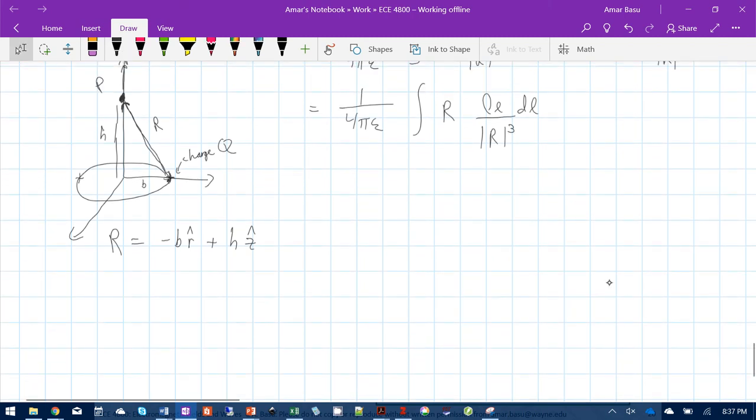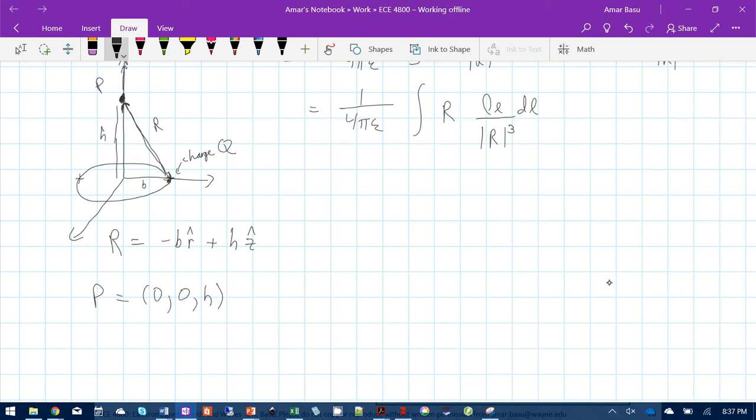Right? So P, what's the coordinates for P? 0, 0, H. And the coordinates for Q? B, 0, 0.